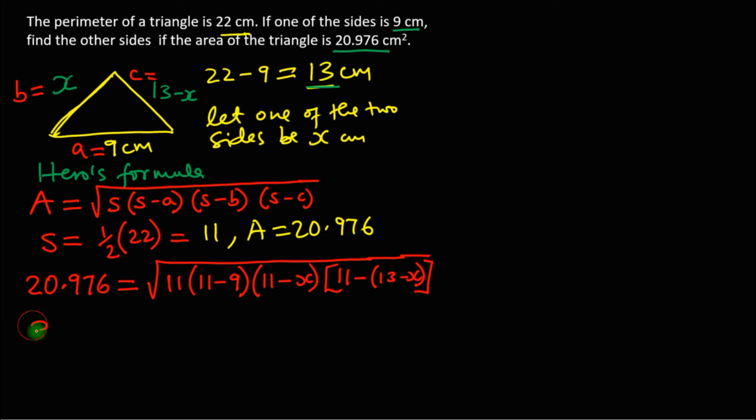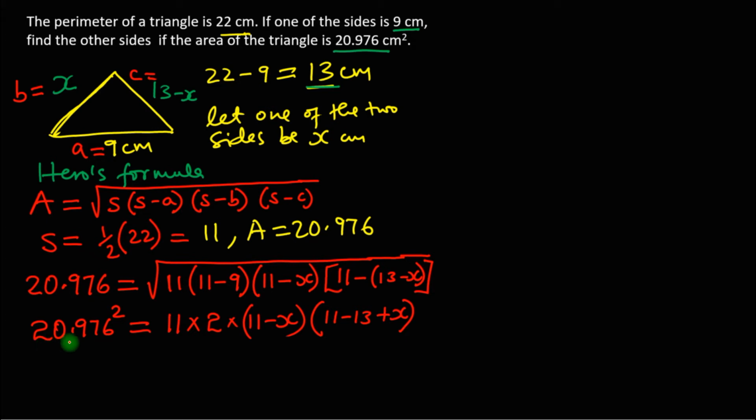Therefore I'll end up getting 20.976 squared, since I square the left hand side as well, equal to 11 times 11 minus 9, that is 2, multiplied by 11 minus x, then 11 minus 13, then minus times negative, that will be plus x. We close the bracket.